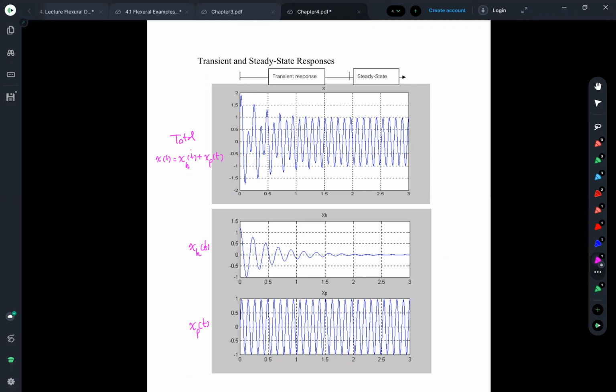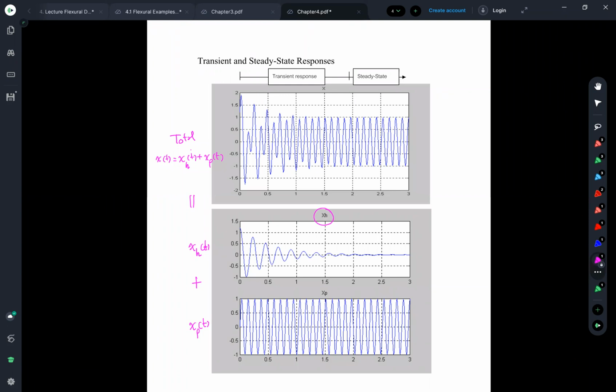Of course, the combination of the homogeneous Xh and particular Xp will be the total solution. The effect of the first, the homogeneous term, you see, decays with time.